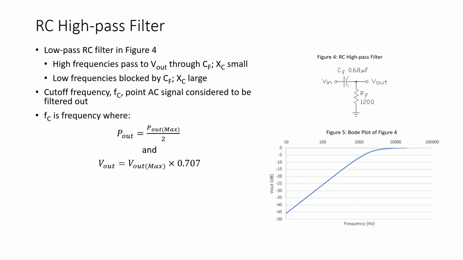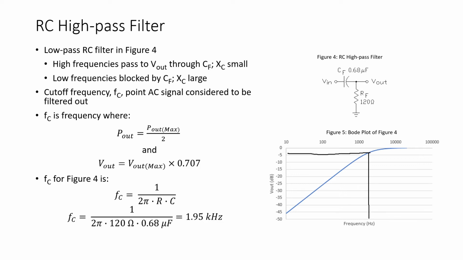Looking at our graph, -3 dB is somewhere around here, so the cutoff frequency will be right here, which again is approximately 2 kHz. Mathematically, the cutoff frequency of the high pass filter of figure 4 is 1 over 2 pi RC, which again gives us a cutoff frequency of 1.95 kHz.